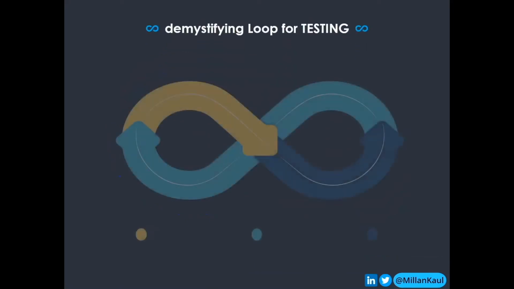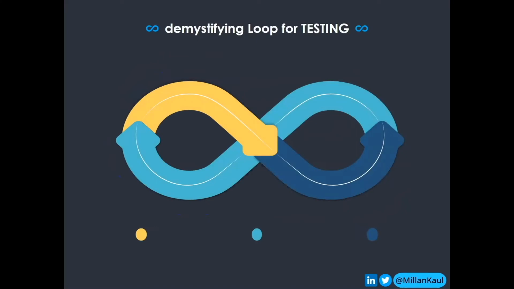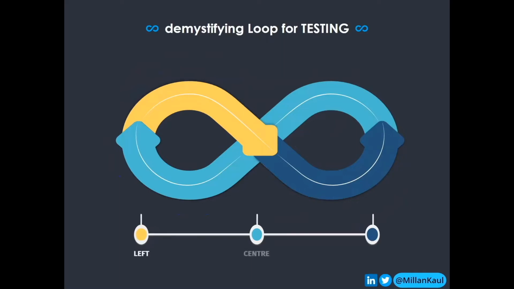To simplify, there is development happening continuously. So constant software delivery is happening. Definitely that means constant software testing is also happening. And what if we want to divide that continuous testing into subphases? Left, center, and right.